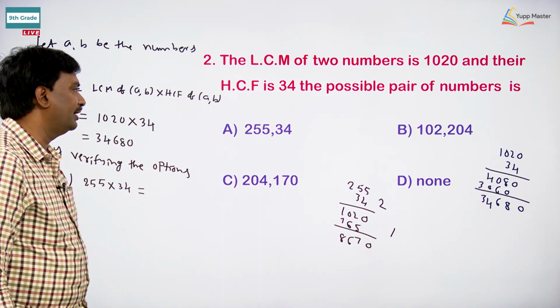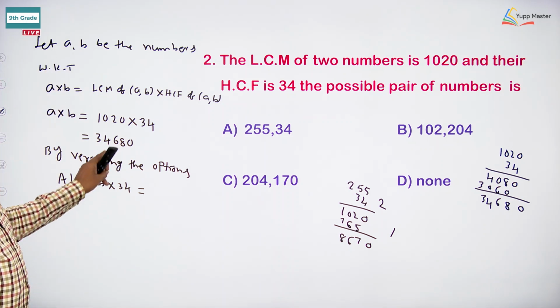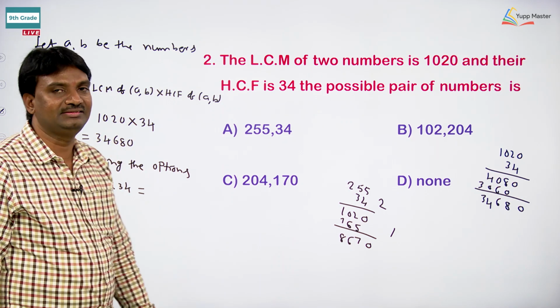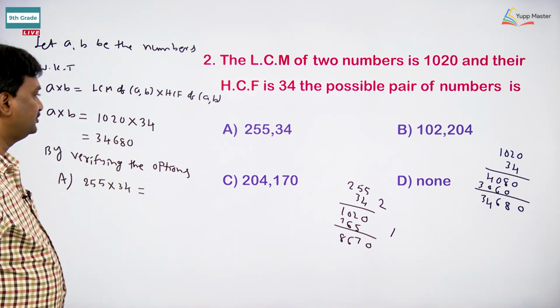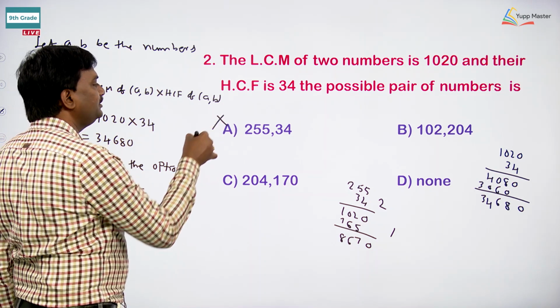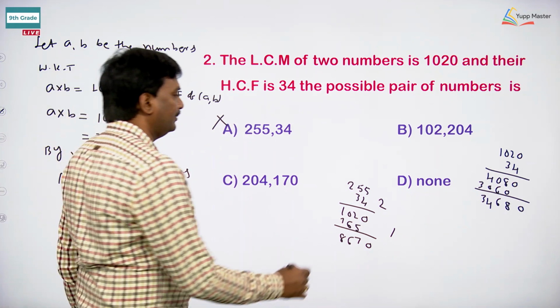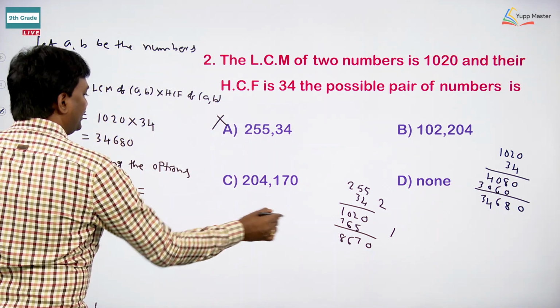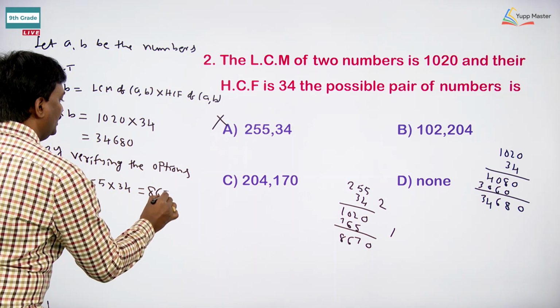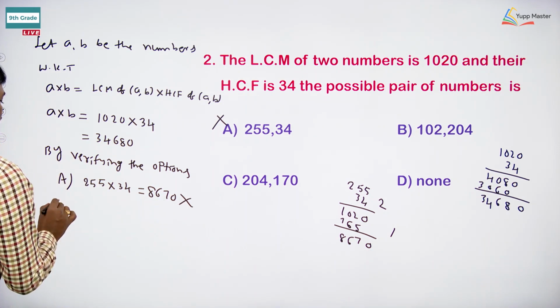So we get 8670. But here we have to get 34,680. So option A is not correct, because here we have 8,670. Next, let us take option B.